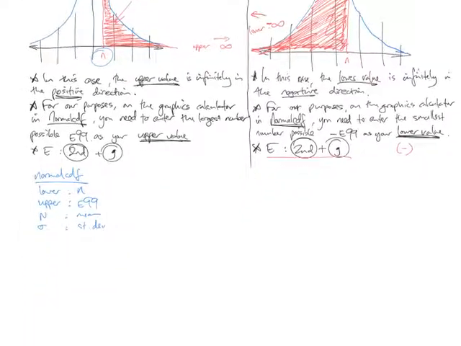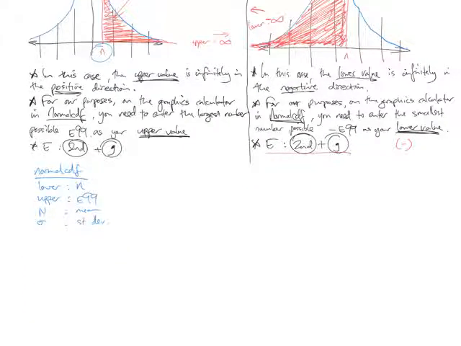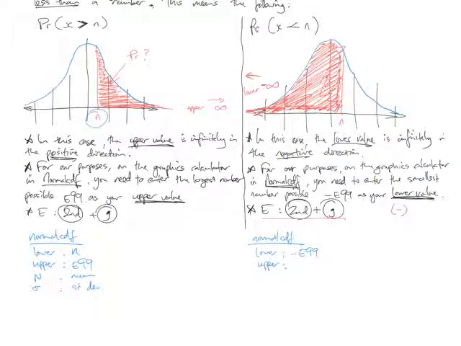So as an example for how you would answer a question like that, your normal CDF would look like this. Your lower is negative infinity, so you're going to put in negative E99 for the lower. Upper is going to be, well, the upper limit of numbers you're interested in is here.